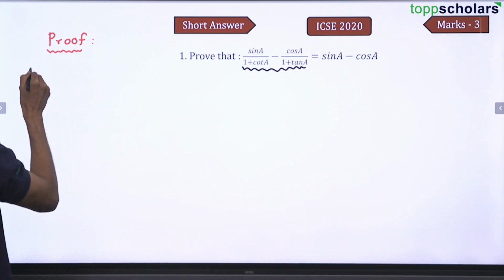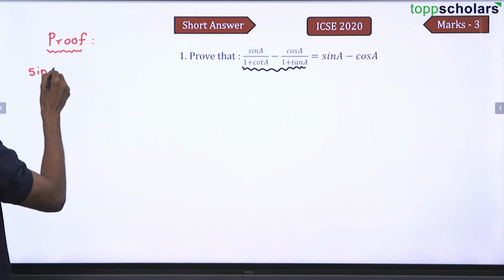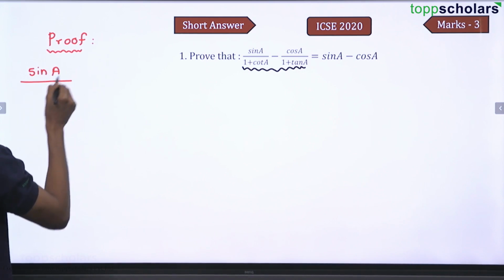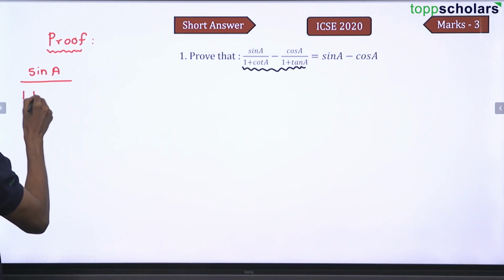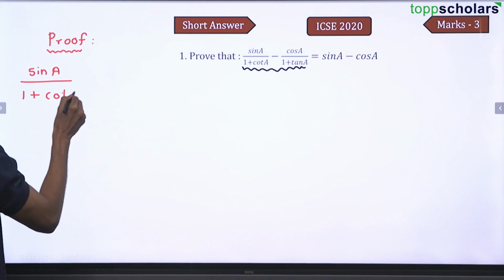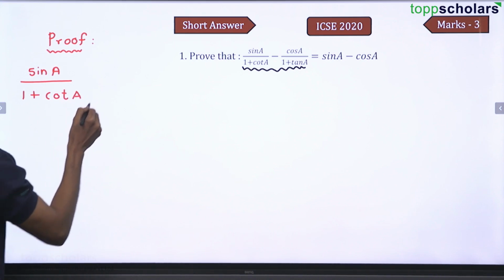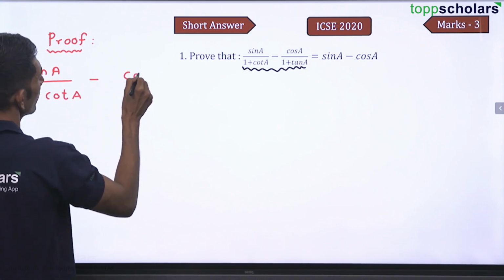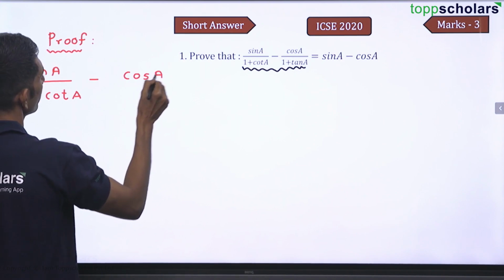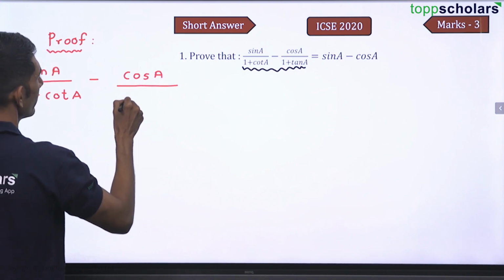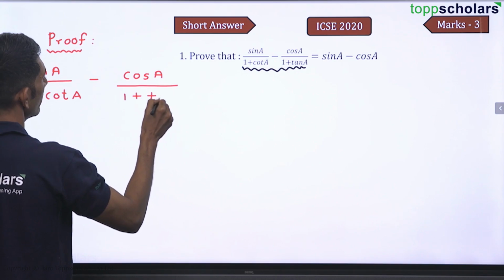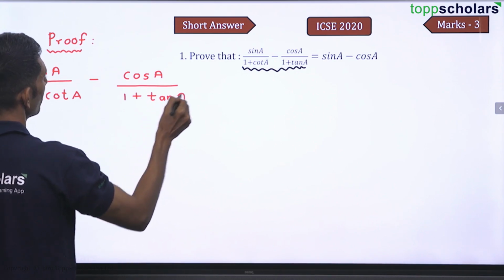Okay, so we have sin a by 1 plus cot a minus cos a by 1 plus tan a.